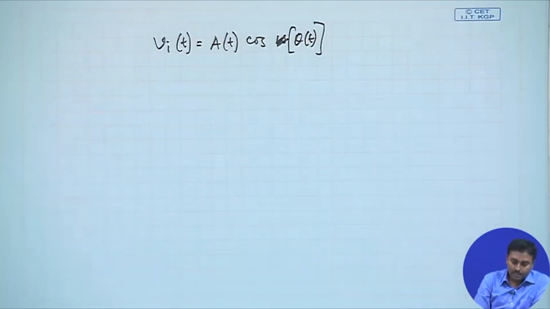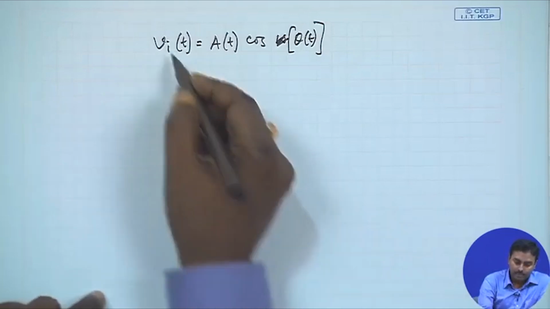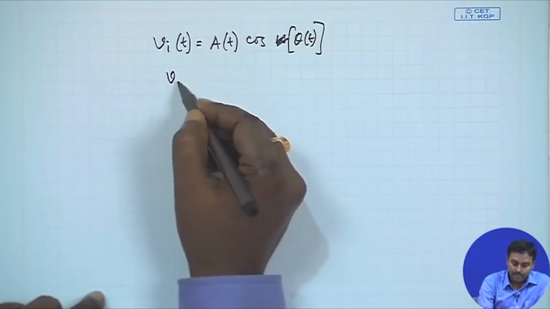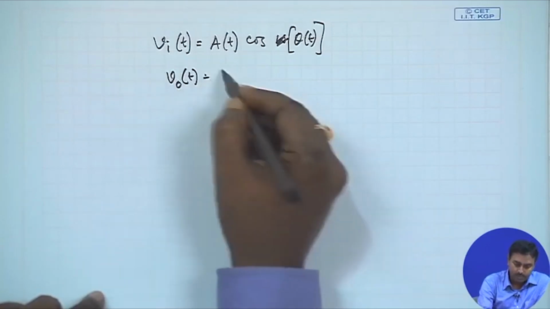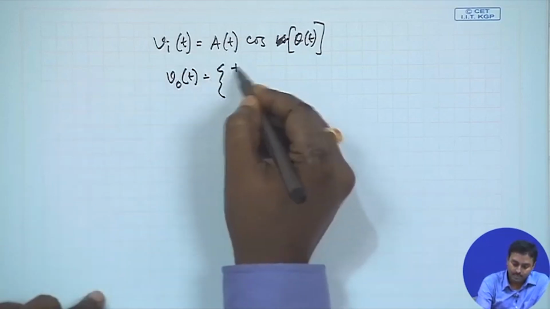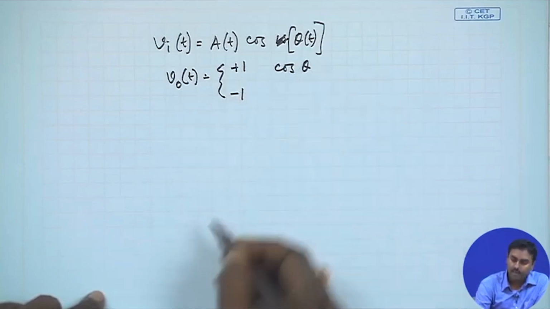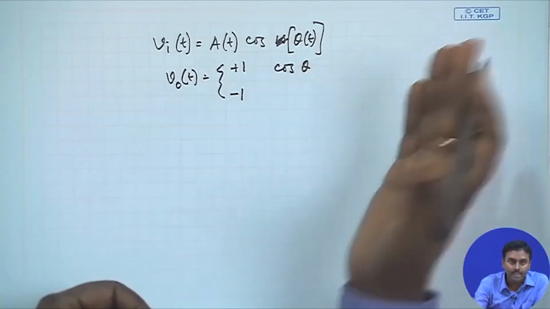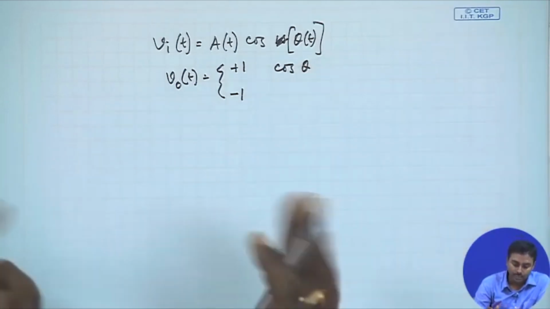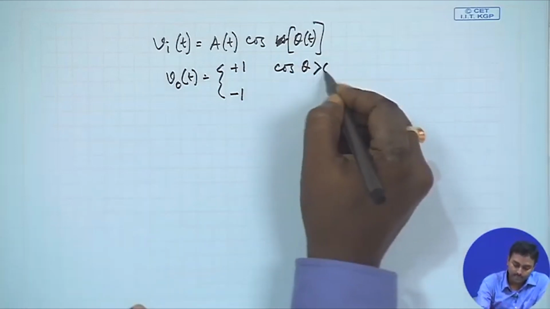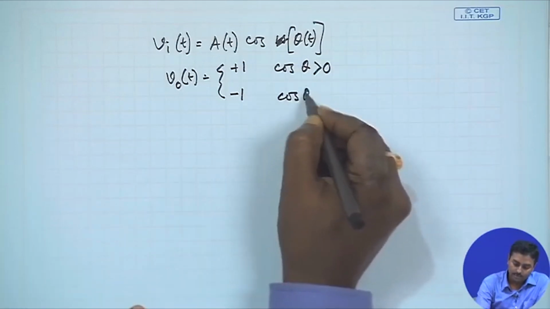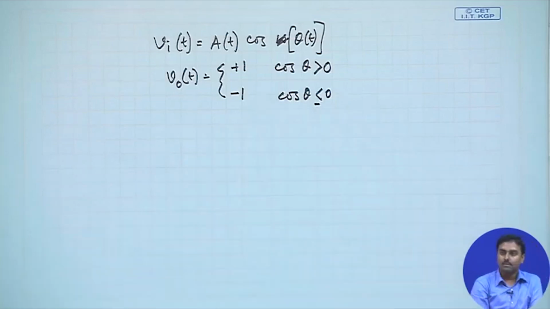From this input it will generate an output VOT which is something like this. It will be +1 or -1 depending on whether this cos theta, whatever that is, is greater than 0. I do not care about the variation with time, as long as cos theta is greater than 0. Okay. So, this is the hard limiter.